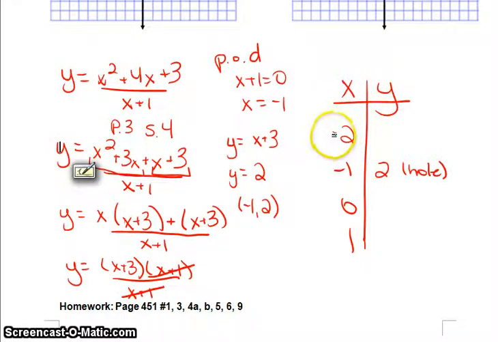So putting in negative 2 for x into x plus 3, we have negative 2 plus 3, so y is equal to 1. Putting 0 in for x, we have 0 plus 3, so y is equal to 3. And then putting 1 in for x, we have 1 plus 3, which is equal to 4. So it should be enough to graph.